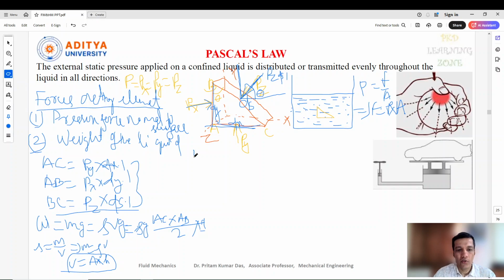Now if I resolve the force in the x direction, we need to consider how many forces are acting in the x direction.